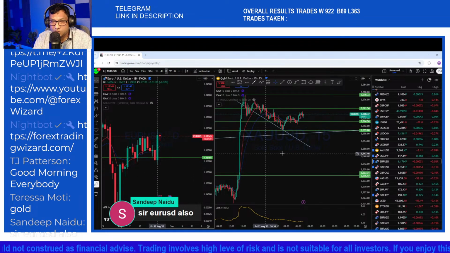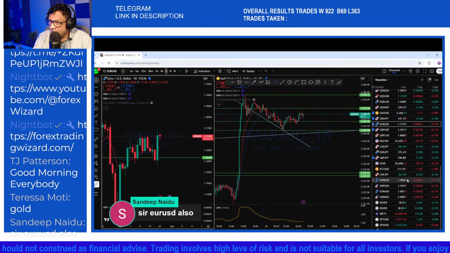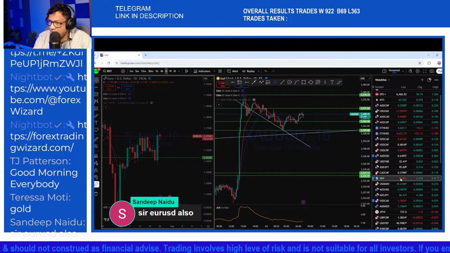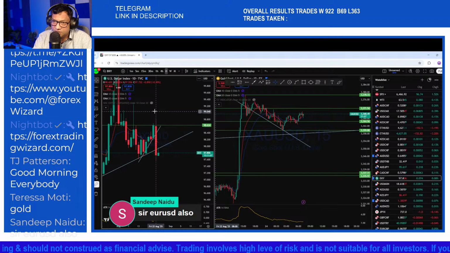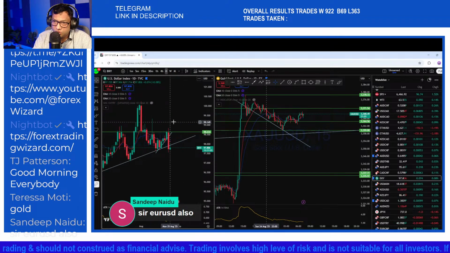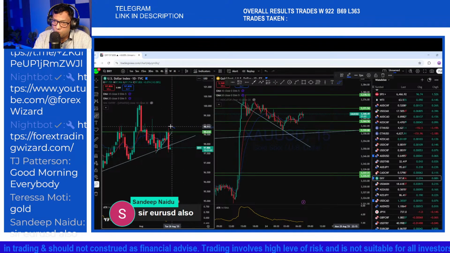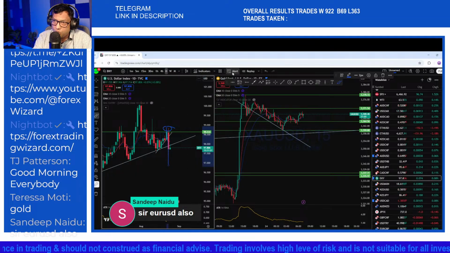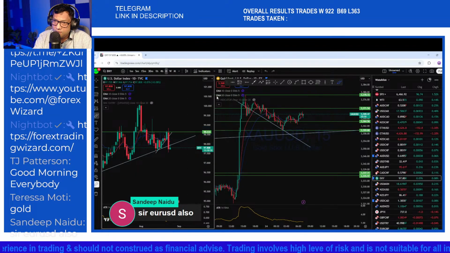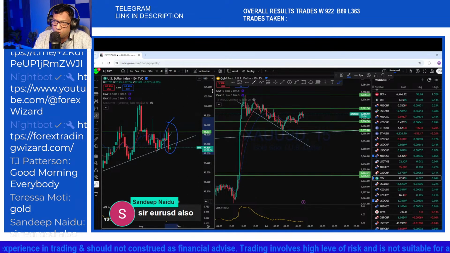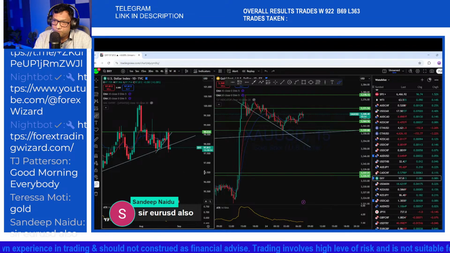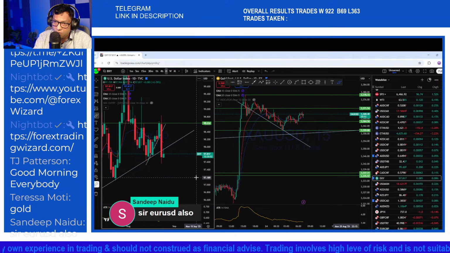We have seen the DXY. If you look at DXY, it had a breakdown. This is the DXY breakdown here, which is a pretty sharp break below, and that breakdown with a long bearish engulfer on DXY was a complete break below.